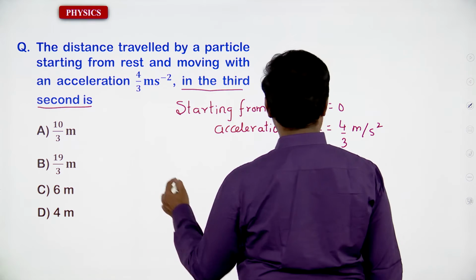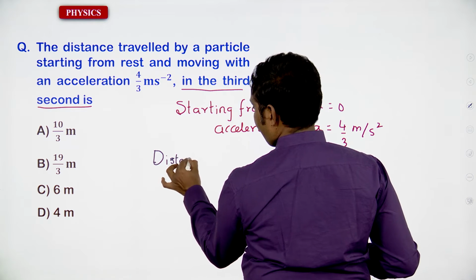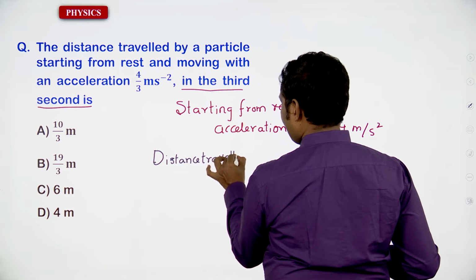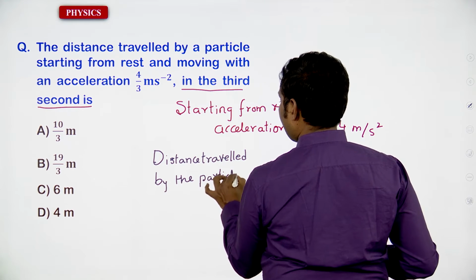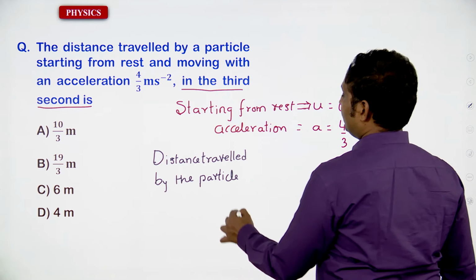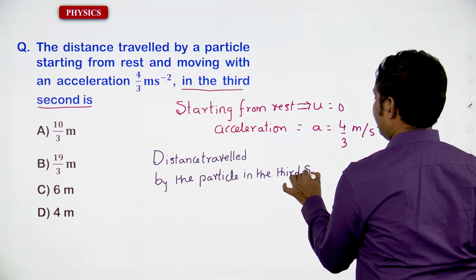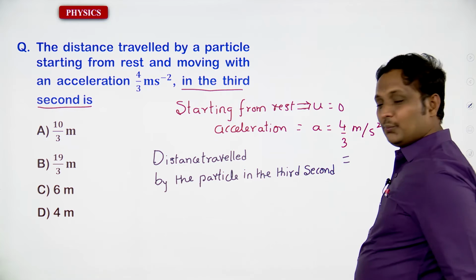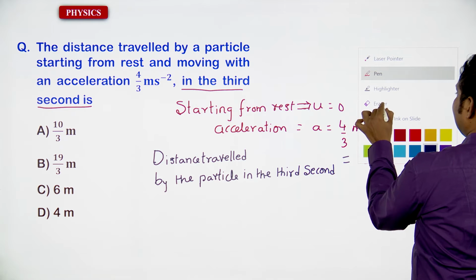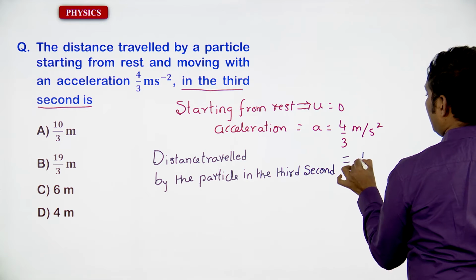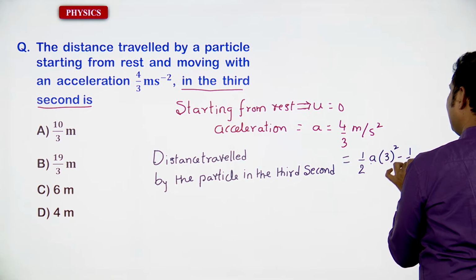Distance travelled by the particle in the third second is equal to 1/2 a into 3 square minus 1/2 a into 2 square.